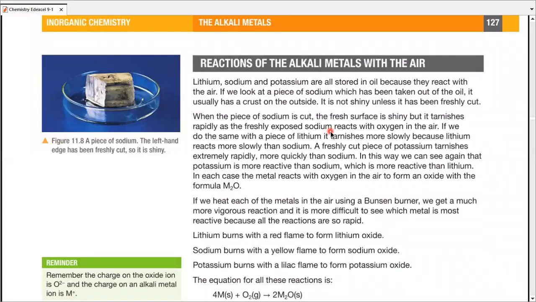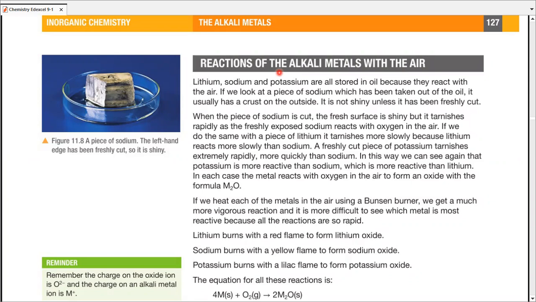So previously you have worked with me on the reactions of alkali metals with water. This time we have reactions of alkali metals with air. Now we have already discussed they are very reactive and they instantly react with air. We have discussed that when we freshly cut them, they have a very silvery gray shiny appearance.